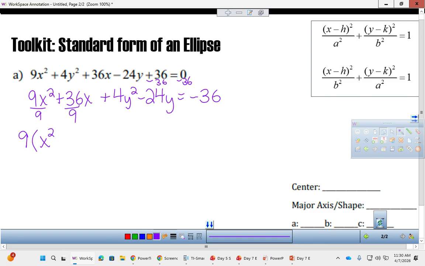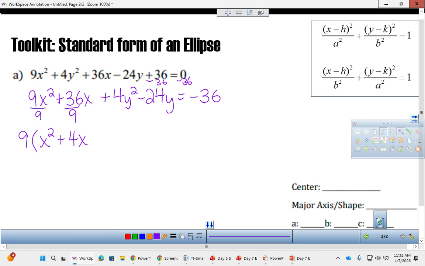But if I do that to the first x term, I have to do it to the second one too. So I'm dividing 9 out of each of them. In other words, if I were to redistribute that 9, I'd still have 9x squared and 36x. I'm not changing the problem, I'm just factoring out a 9. Everybody okay with that so far?